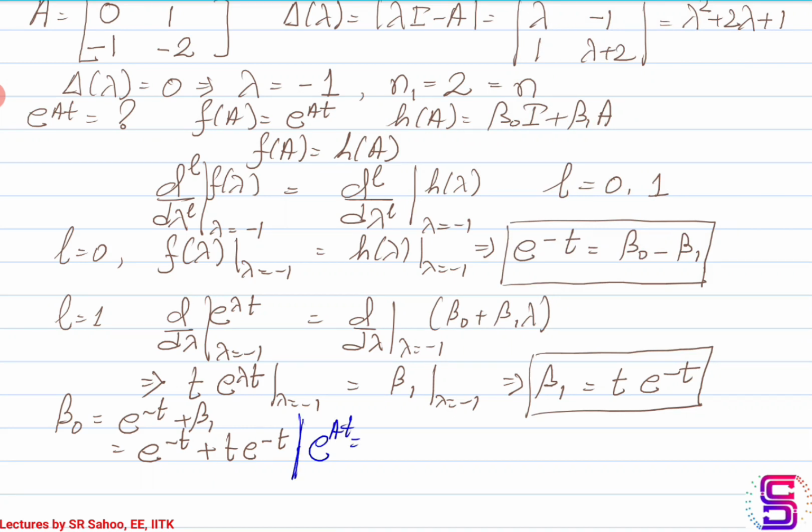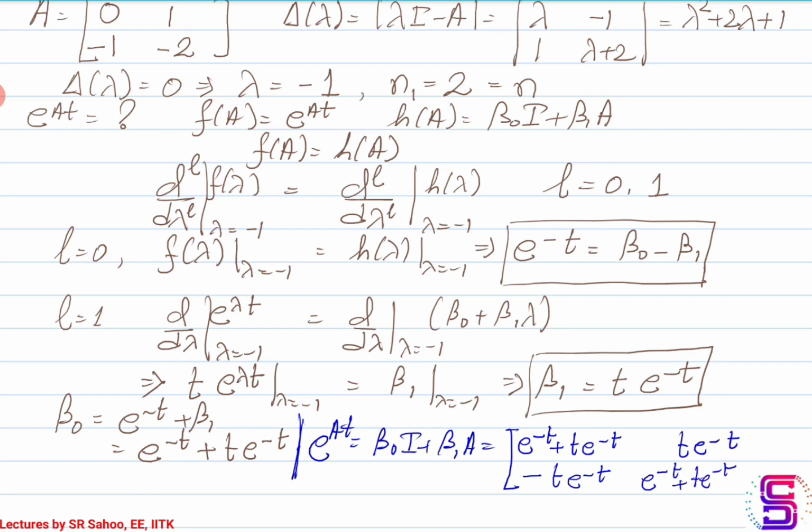So e power At is nothing but beta 0 I plus beta 1 A, which you can possibly write as e power minus t plus t e power minus t, then minus of t e power minus t, and then you have e power minus t plus t e power minus t minus 2 times t e power minus t.